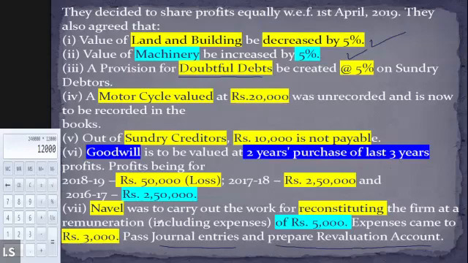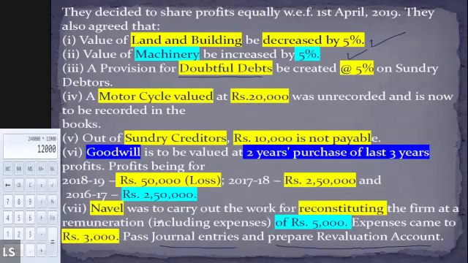That means the value of the overall asset will increase, right? Yes. If we record one new asset in the balance sheet, it increases the overall value of the asset. If the value of the asset is increasing, should it be recorded on the debit side of the revaluation account or on the credit side? Credit side.